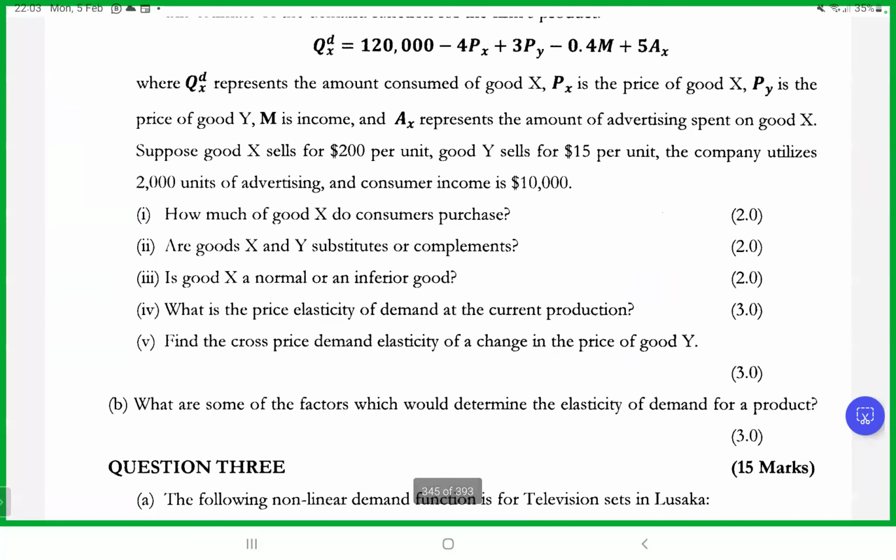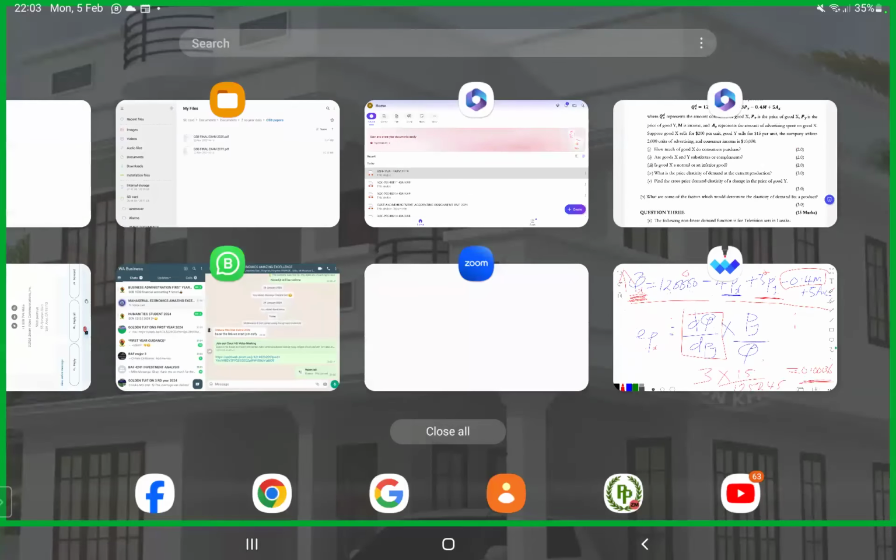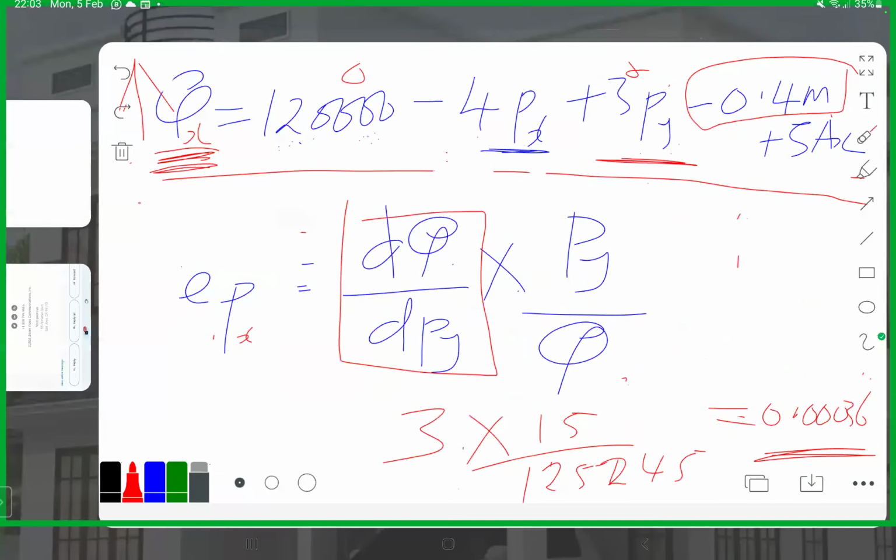Are you able to share, before we end this lecture, some of the factors which would determine the elasticity of demand of a product? Are you able to remember the factors affecting the elasticity of demand of a product? Let's mention them quickly. What factors influence the elasticity of demand of a product? Number one.